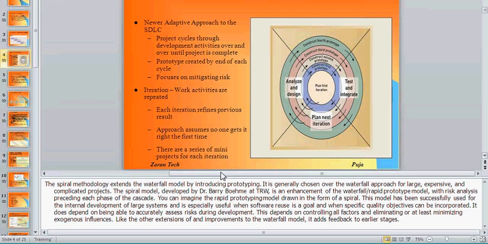So what that does is, sure, the customer is happy. This is a decision that he or she has made. However, your project is still incomplete. But the good thing about the spiral methodology is you get evaluated per release.